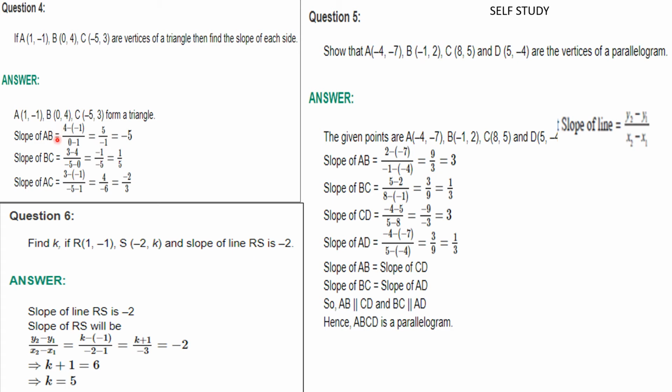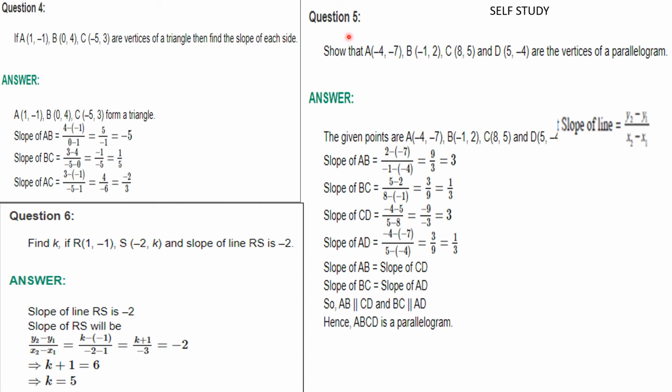So ratio of difference in y coordinates to difference in x coordinates, y2 minus y1 upon x2 minus x1. Slope is minus 5. Slope of line BC is 1 upon 5 and slope of line AC, y2 minus y1 upon x2 minus x1, is minus 2 by 3.